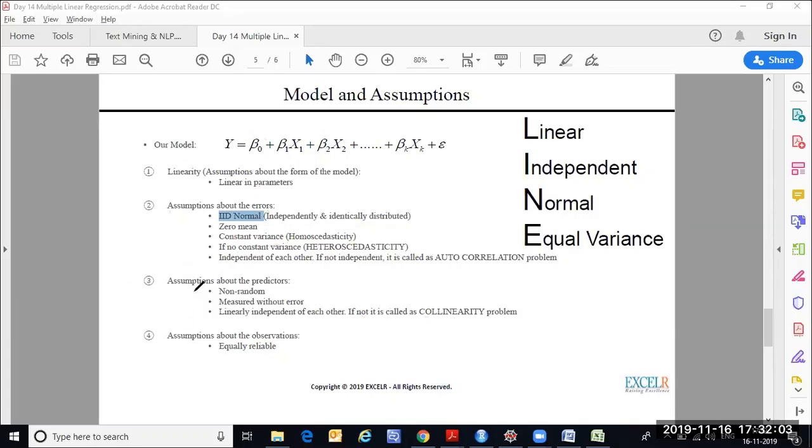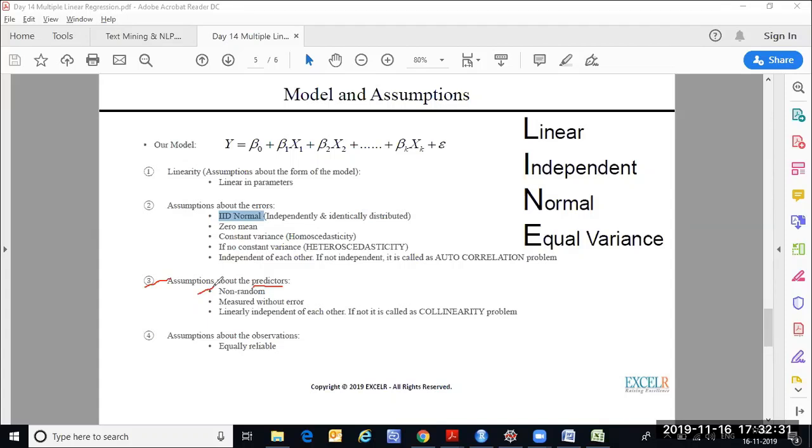Now, the third thing is about the assumptions about the predictors. What are the predictors? X1, X2, X3, and so on. They should be non-random. It means you should select all relevant variables into your equation to predict the output variable.